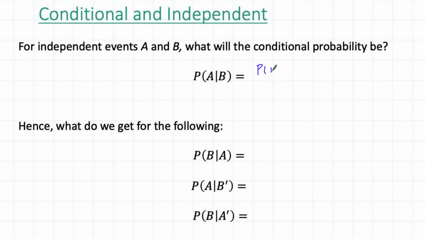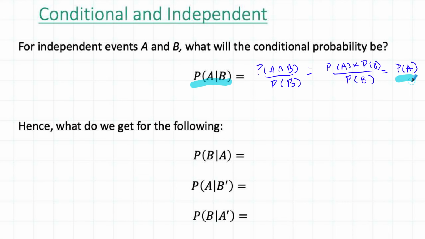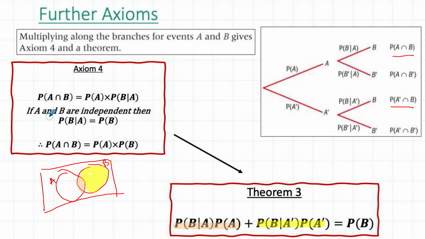Well, I know that it's probability of A intersect B over the probability of B. Because they're independent, I already know that the numerator is probability of A times B over the probability of B, which if I simplify, gives me probability of A. So generally, if two events are independent, then probability of A given B is just equal to the probability of A happening.